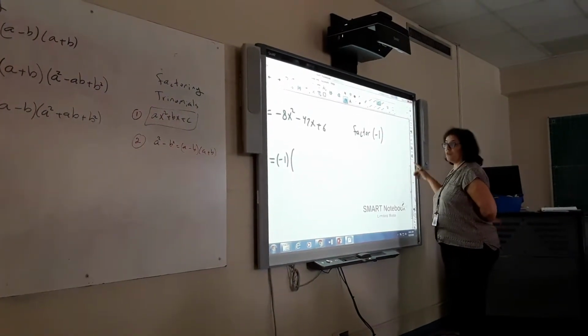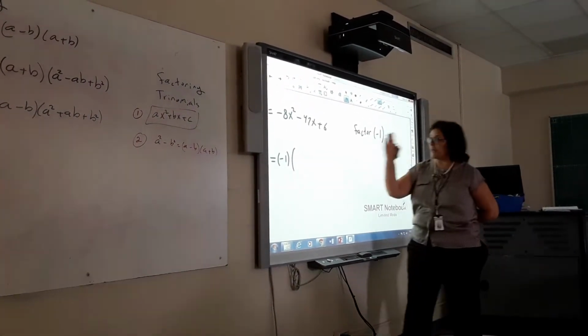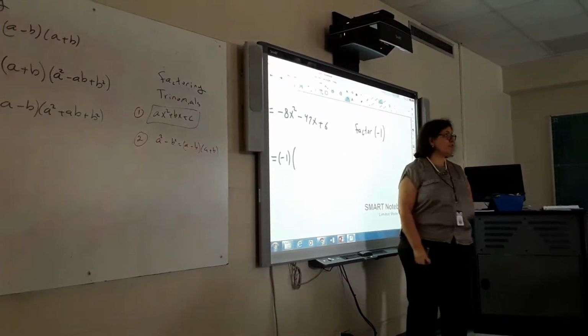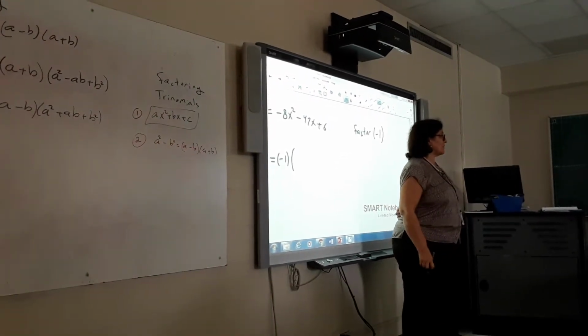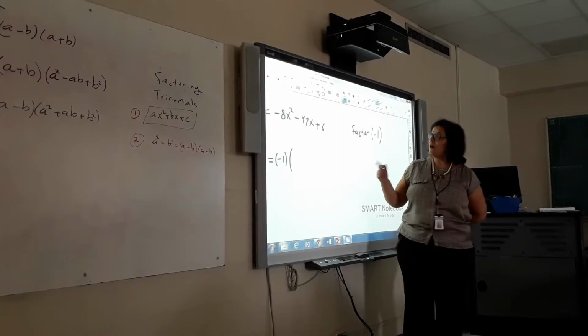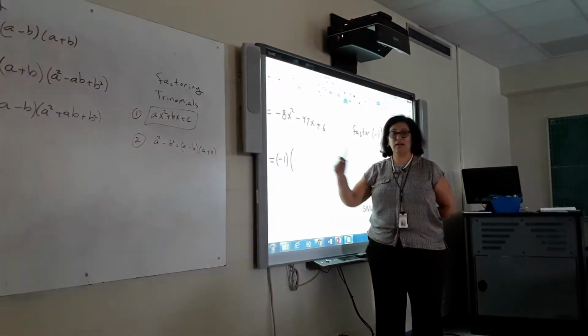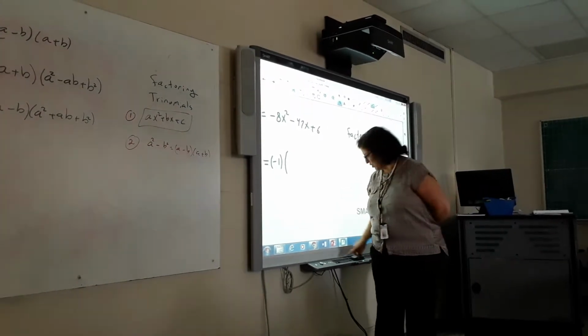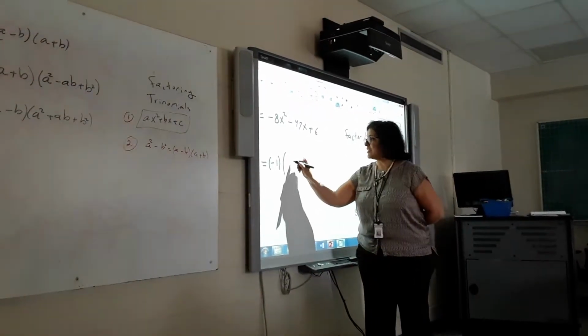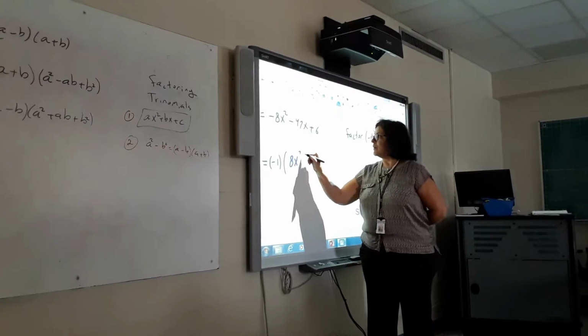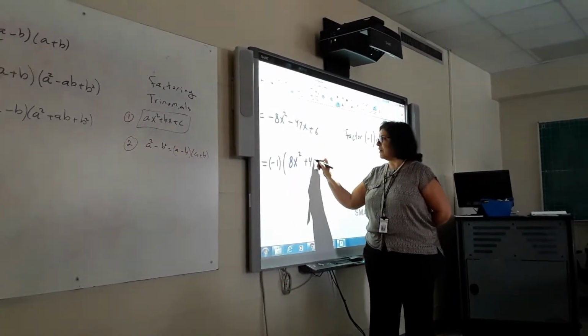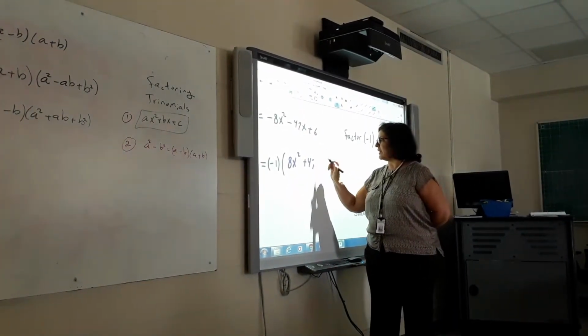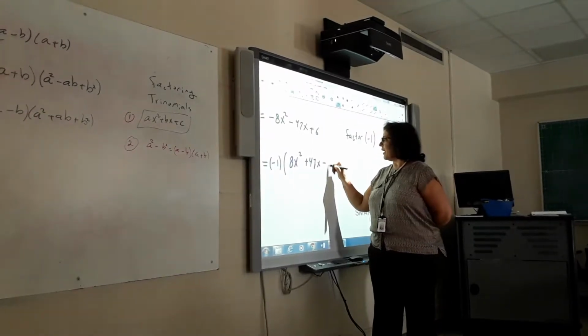When you factor something out, you open parentheses. So what do we have left inside the parentheses? Negative 8. We have the negative 1 out, so we can change the signs for all the terms, which is going to be positive 8x squared plus 47x minus 6.